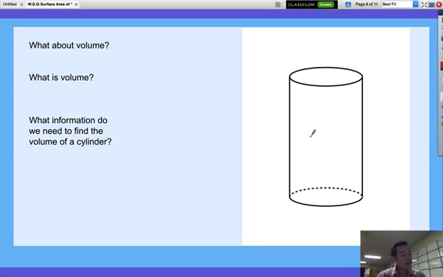Or, in this case, instead of adding the one solid slinky over and over, I'm actually just finding the area of the base and then multiplying by the height. So, in other words, I need to find the area of this base right here, and then I just multiply it by how tall it is, because I'm basically replicating that space that it holds, that area of one circle all the way down.